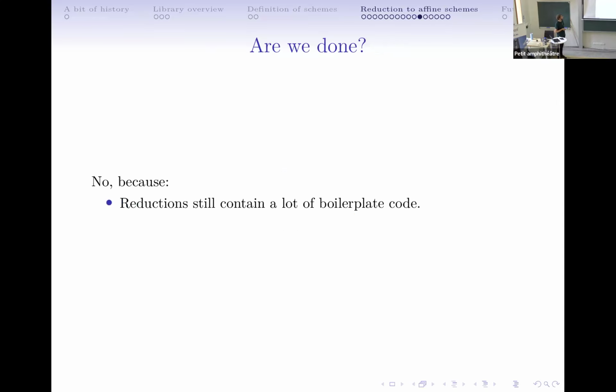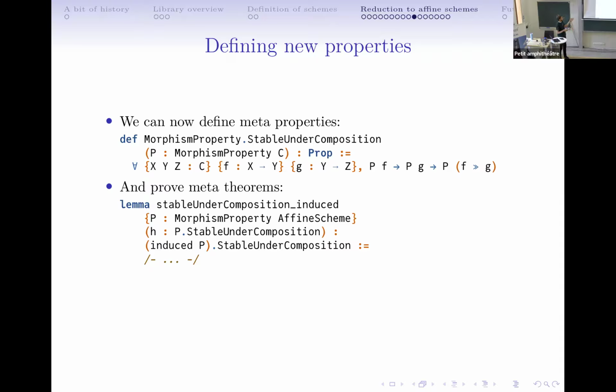And so I immediately get that smooth is stable under composition from the corresponding property on rings. And the proof of this lemma is of course still tedious, but we only have to do it once. And you can imagine that there's a whole vocabulary around these morphism properties. Whenever we prove something for rings, we completely mechanically get the statement for schemes by this sort of procedure.